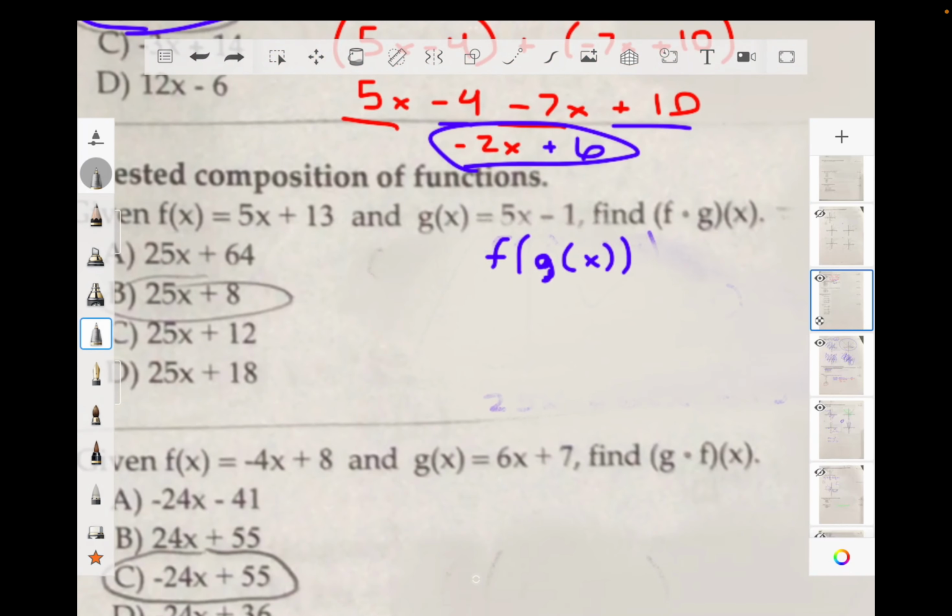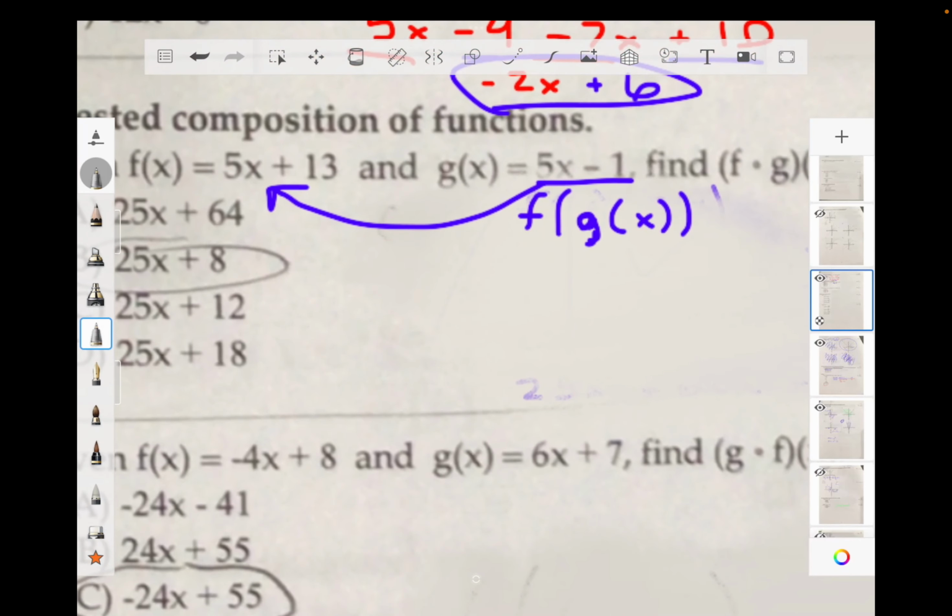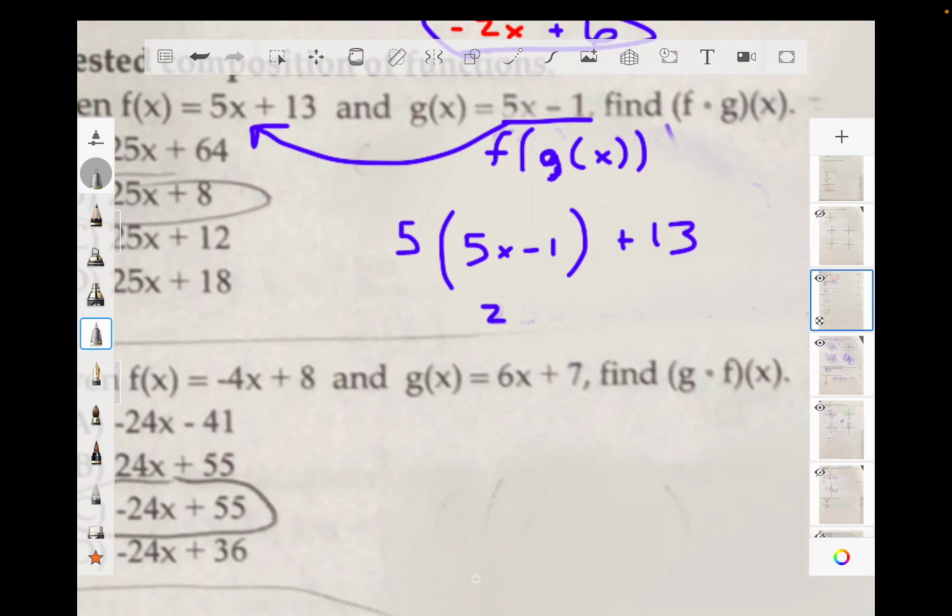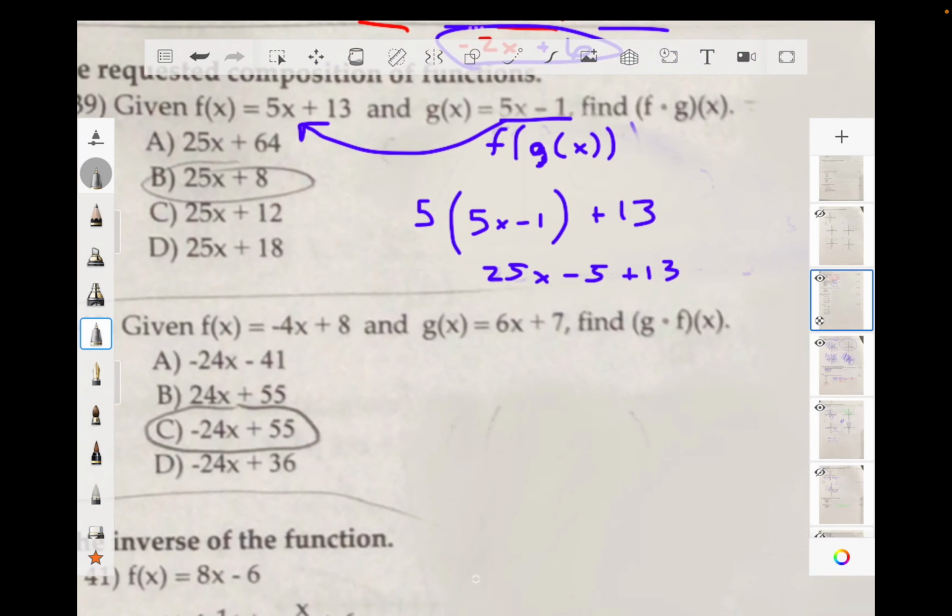So they're saying plug in 5x minus 1 and replace it with this x. That's what they're saying. So it's going to be 5 times 5x minus 1 plus 13, which is 25x minus 5 plus 13. Negative 5 plus 13 is 8.